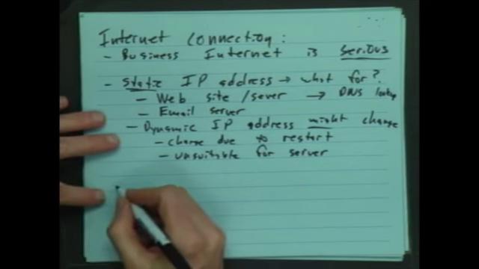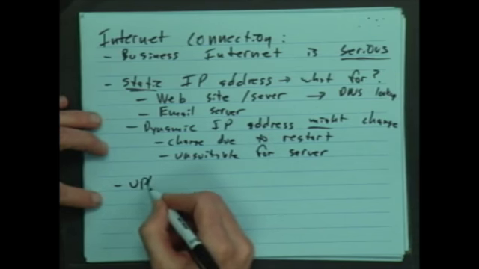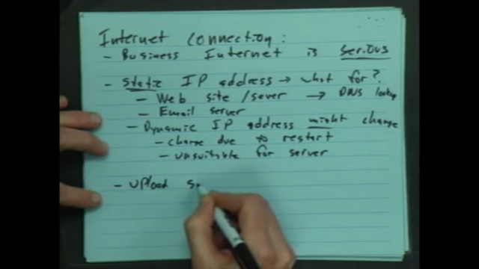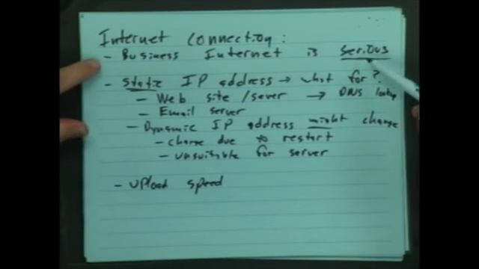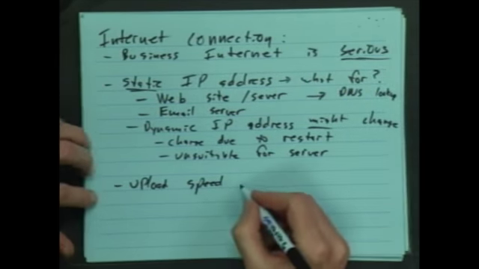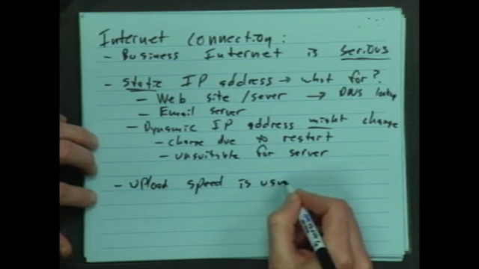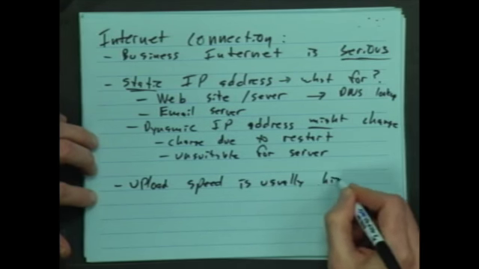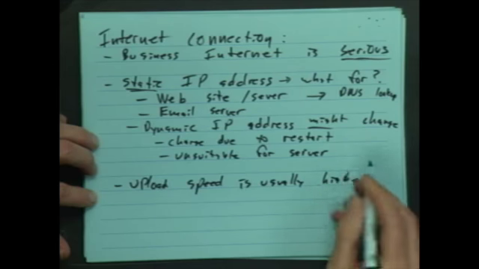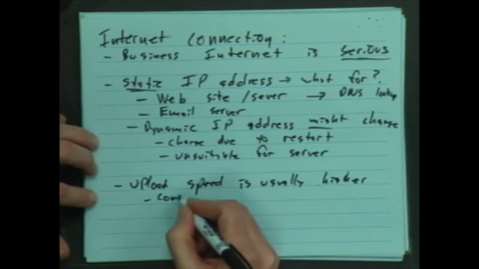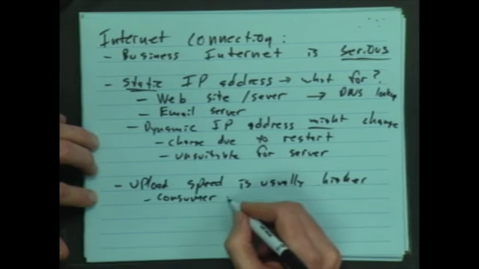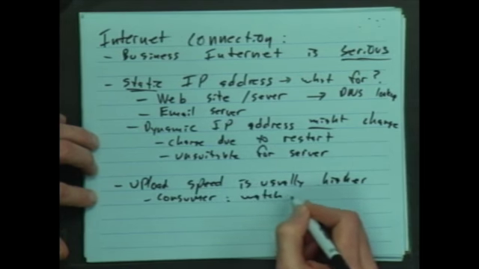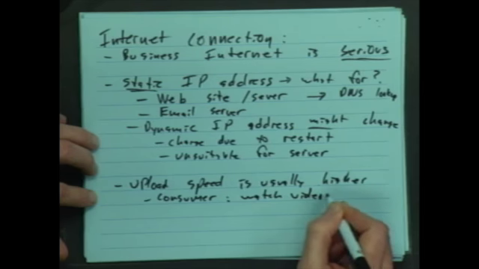Add one more point here, and that was the upload speed when you're on a business internet connection. That's usually going to be higher. For a consumer, they expect you to be watching videos usually.